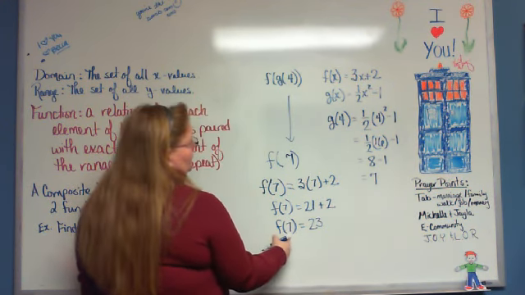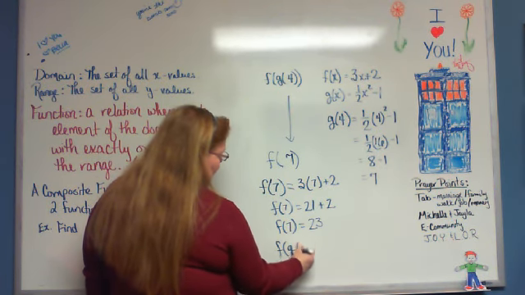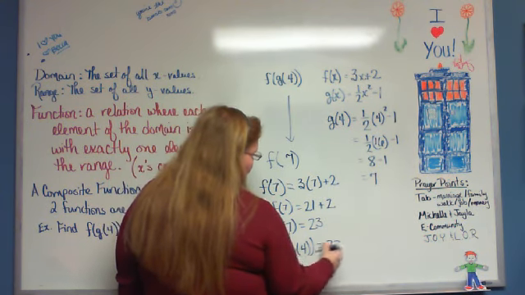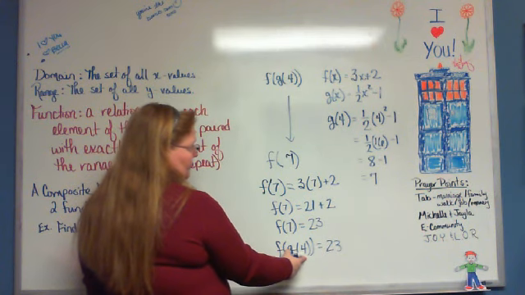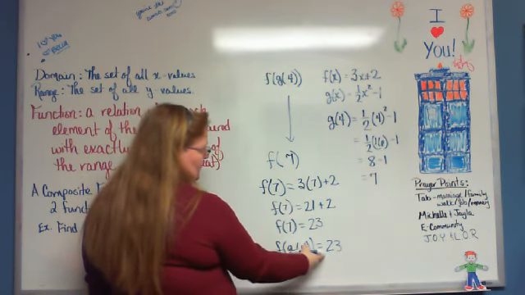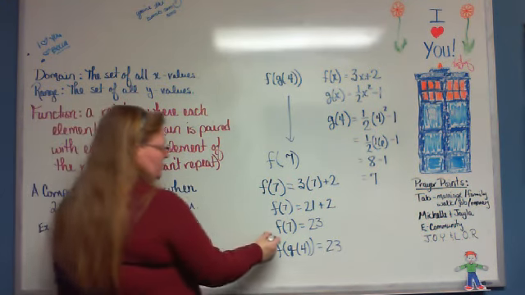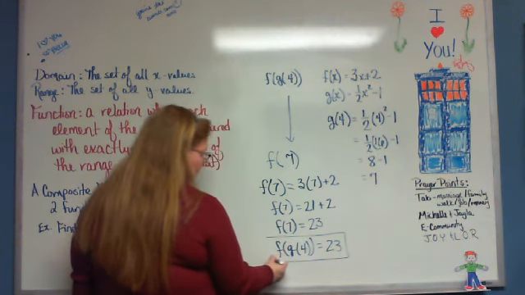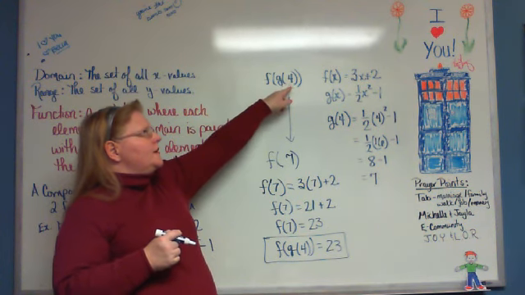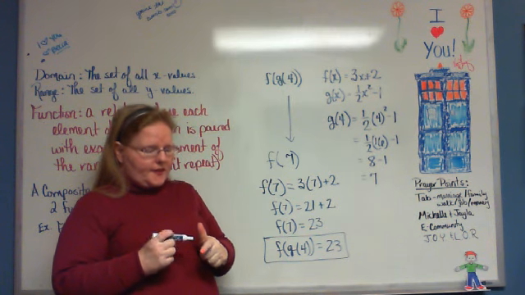If f of 7 is 23, that means that f of g of 4 is going to be 23. Because we figured out that g of 4 was really 7, and f of 7 is 23. You have to plug it into the one in the middle and then take that answer and plug it into the one on the outside.